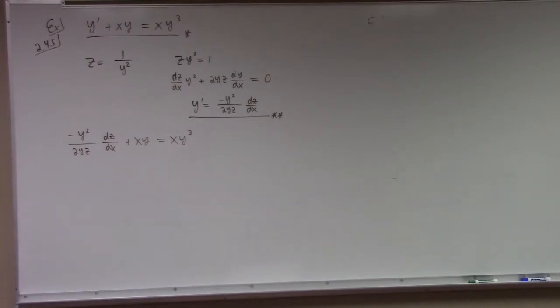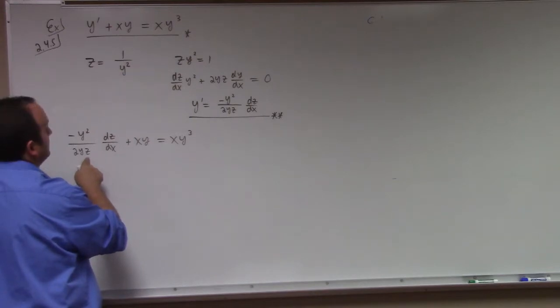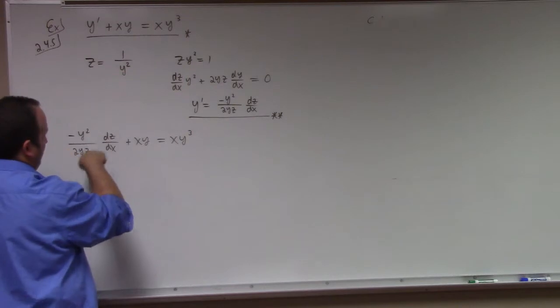My goal is to get rid of all the y's and just have z's and their derivatives. Then it's a differential equation in z and x. Hopefully I can solve it. So let's see here. I got a z. Oh, z is 1 over y squared. What is this actually?